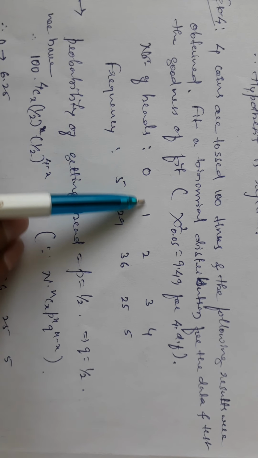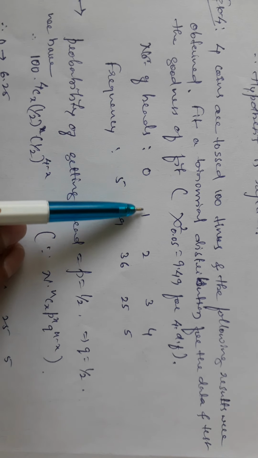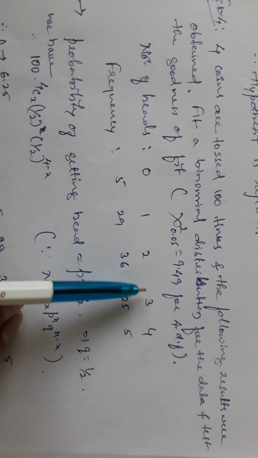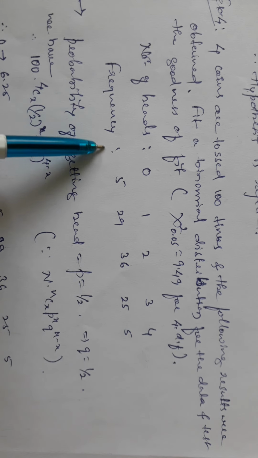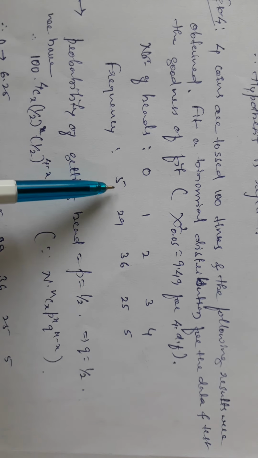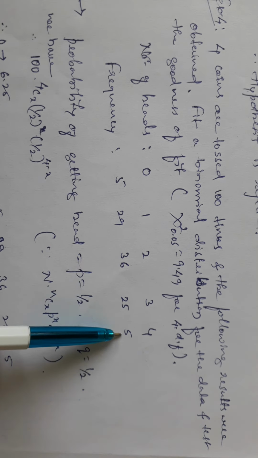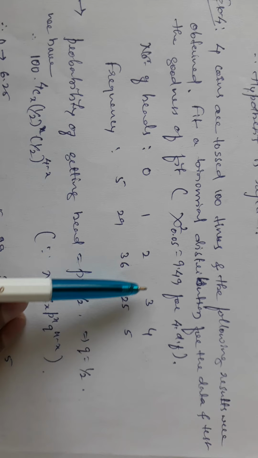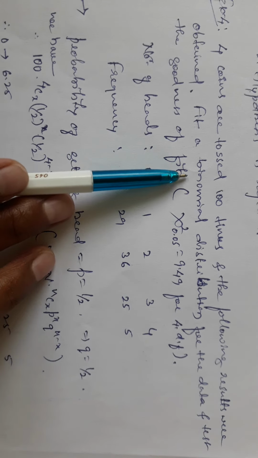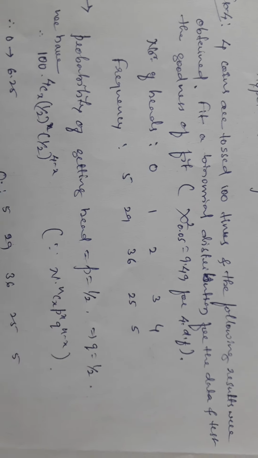Number of heads, these are the x values 0, 1, 2, 3, 4, and the frequency, that is the observed value, is 5, 29, 36, 25 and 5. And here we need to calculate the expected value again, like in the last example, using the binomial distribution.